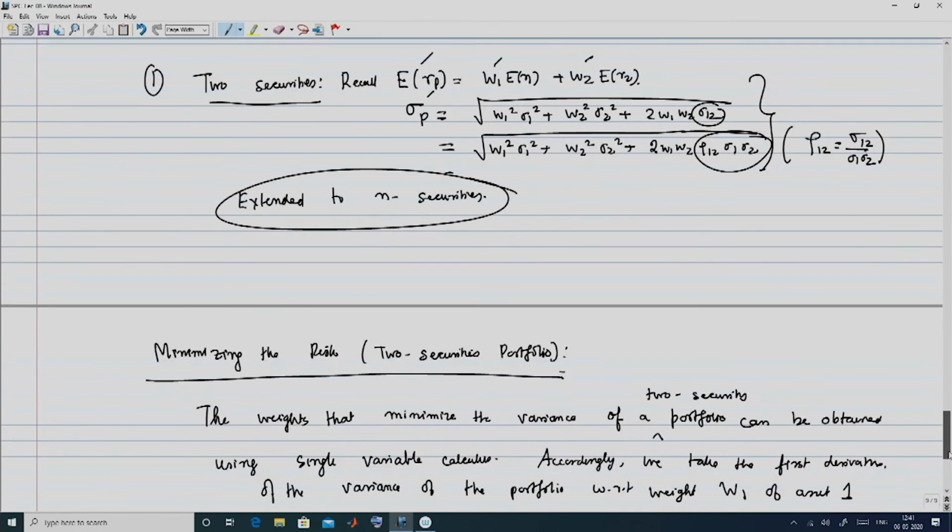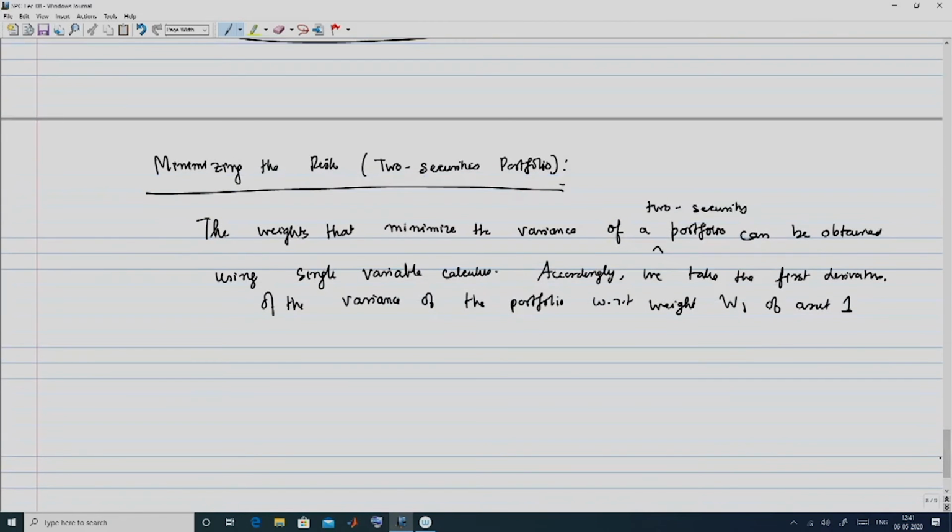Now, please remember that the minimization of this variance will be to determine the values of W1 and W2, which is going to give me the minimum value of sigma p square. Now, we note that here I have to determine the two values W1 and W2. So, it is effectively minimization of a function in terms of two variables W1 and W2. But I am saying that I will basically make use of single variable calculus here.